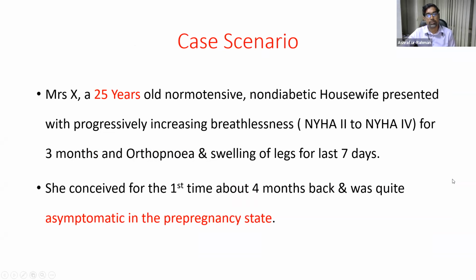Now, next case, a 25 year old normotensive non-diabetic housewife presented with progressively increasing NYHA class 2 to class 4 dyspnea for 3 months and orthopnea and swelling of legs for the last 7 days. She was pregnant for 4 months and was quite asymptomatic in the pre-pregnancy stage, and she didn't know her diagnosis.